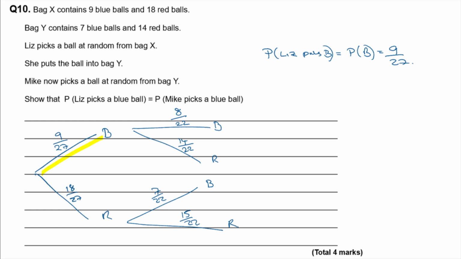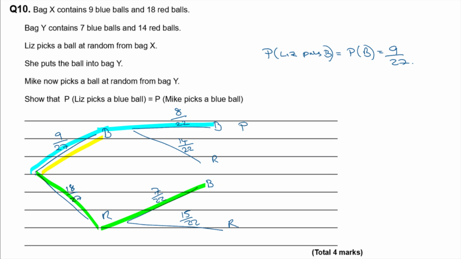Okay, now the probability that Mike picks blue: he could pick blue after Liz has picked blue, or he could pick blue after Liz picks red. He could do either of those two routes.